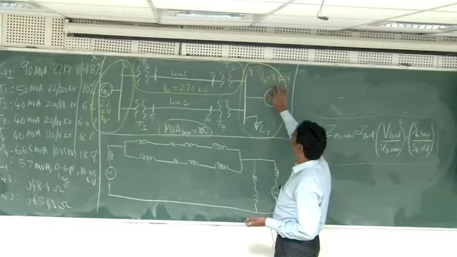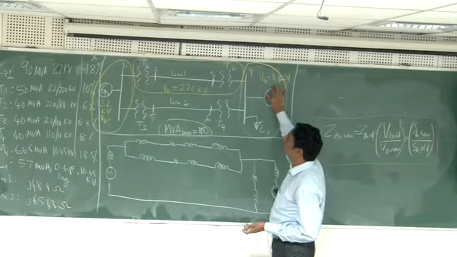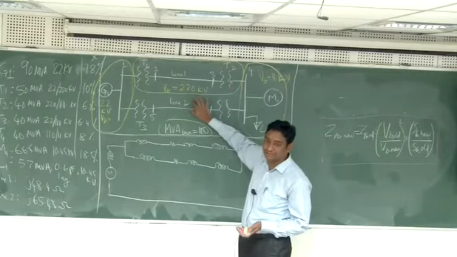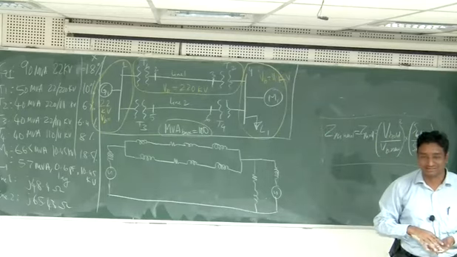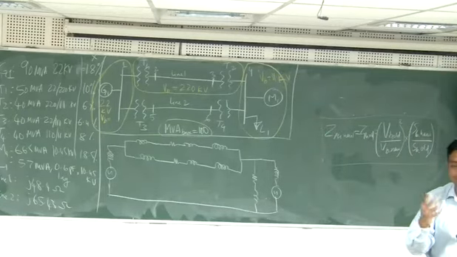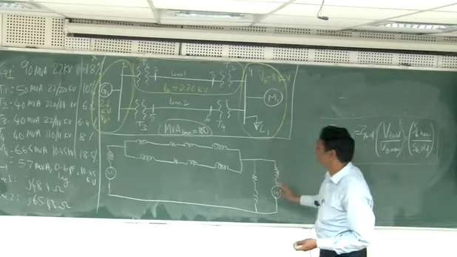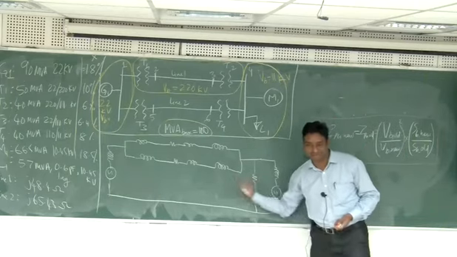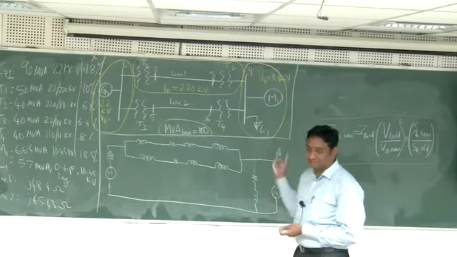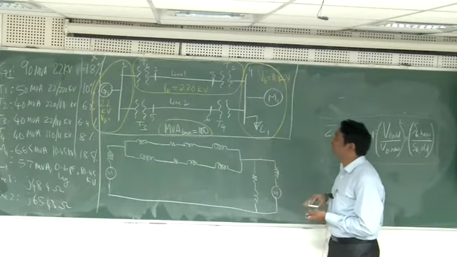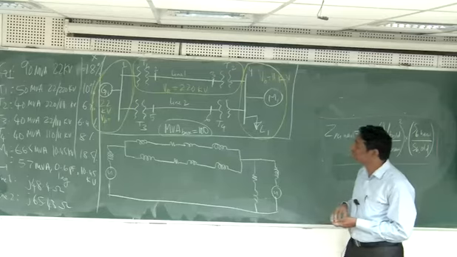Suppose you choose 12 kV here, then 12 into 20, you have to choose 240 kV here. The whole idea is not to keep track of transformers. Just get it over with in one place, so that you don't have to worry about keeping track of ratios. That is the shortcut in using this.